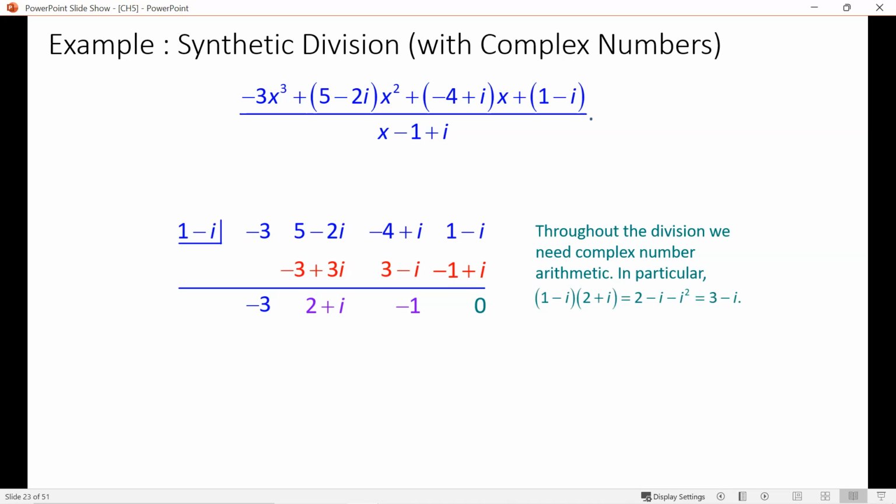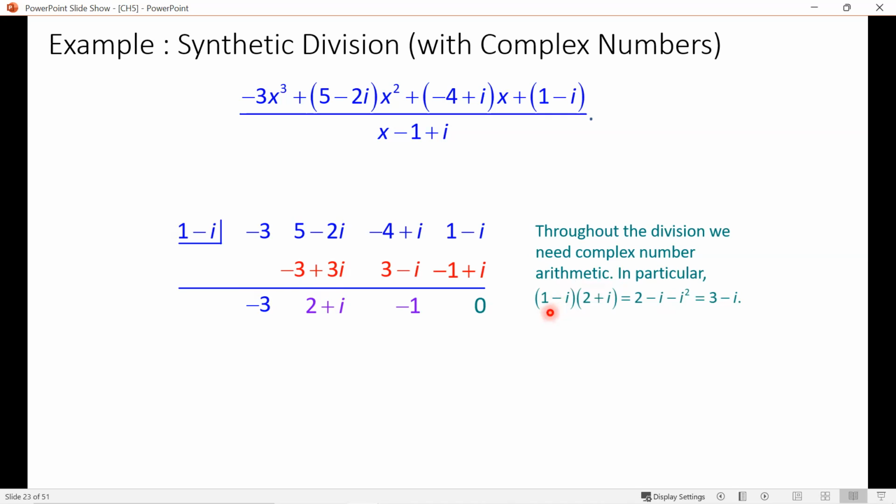So just kind of a recap here. When we did that 1 minus i times 2 plus i, when we did this multiplication here, 1 times 2 is 2. 1 times i is i.